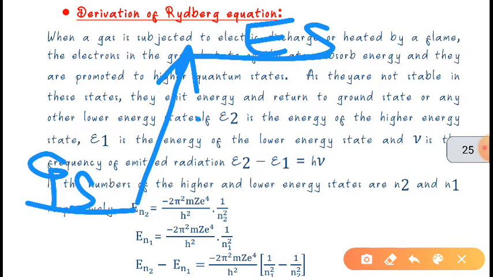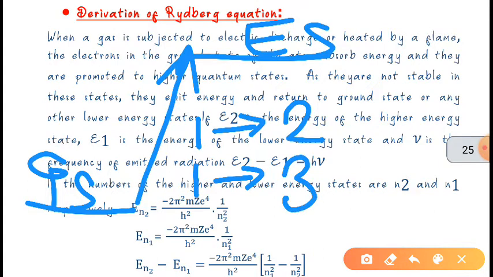We can represent it as a shift from the ground state to energy level 2, or from the ground state to energy level 3, or from the ground state to energy level 4. Like this we can denote it.